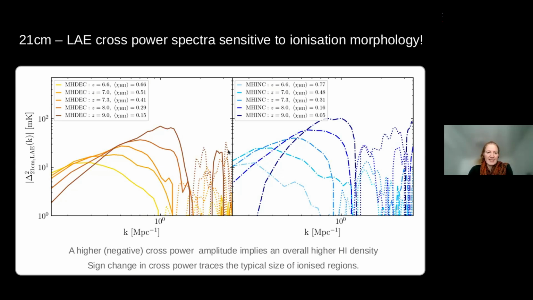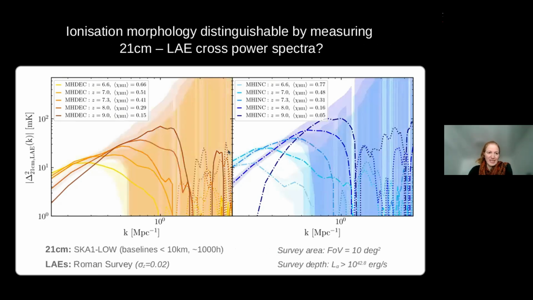The question remains now, which of these features can we actually measure? So what I did for a survey, which assumes SKA1-Low and some kind of Roman Grism survey with a redshift uncertainty of 0.02, a Lyman alpha depth where we detect everything down to 10^42.8 ergs per second, and maybe a rather optimistic field of view of 10 square degrees, then you see here in the shaded region the observational uncertainties.